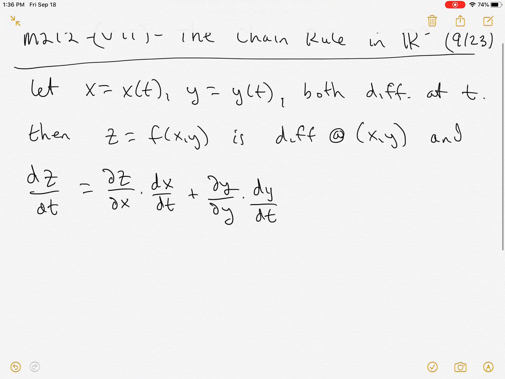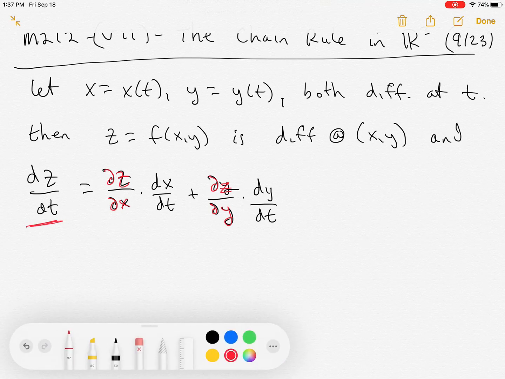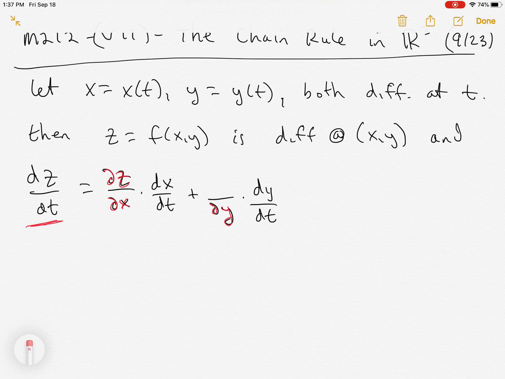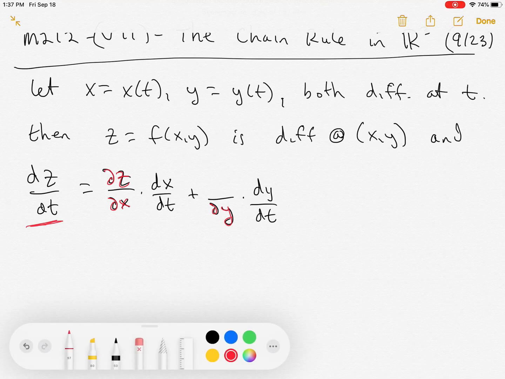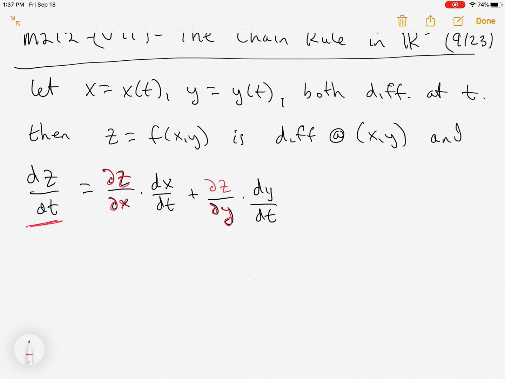So this is a partial, and this is a partial. That should be dz dy. So the ordinary derivative with respect to t of z is the partial with respect to x of z times regular dx dt, plus the partial with respect to y of z times regular dy dt.